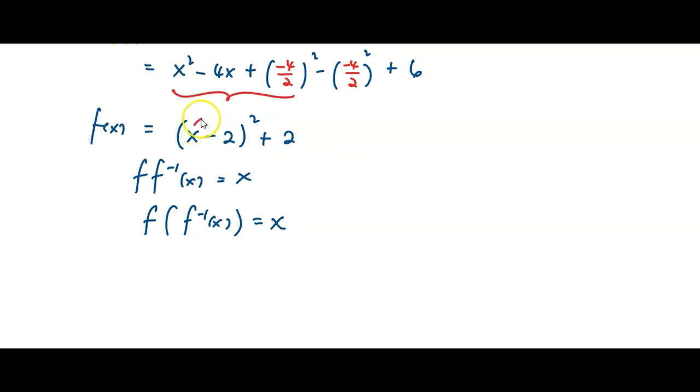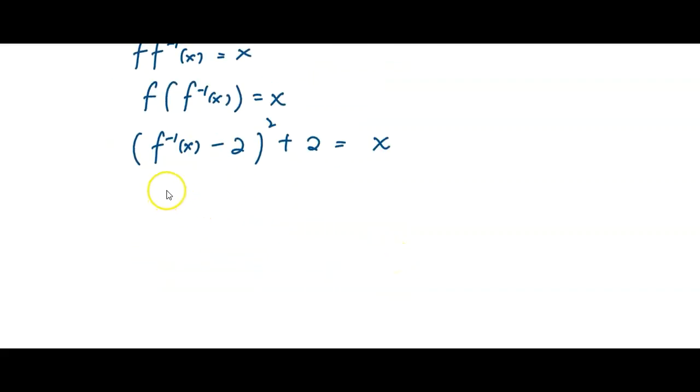It means the x will be replaced by the f inverse. Then my f inverse will be equivalent to f inverse minus 2, squared, plus another constant 2, equals x. The f inverse will be like this, and the right-hand side remains as x.